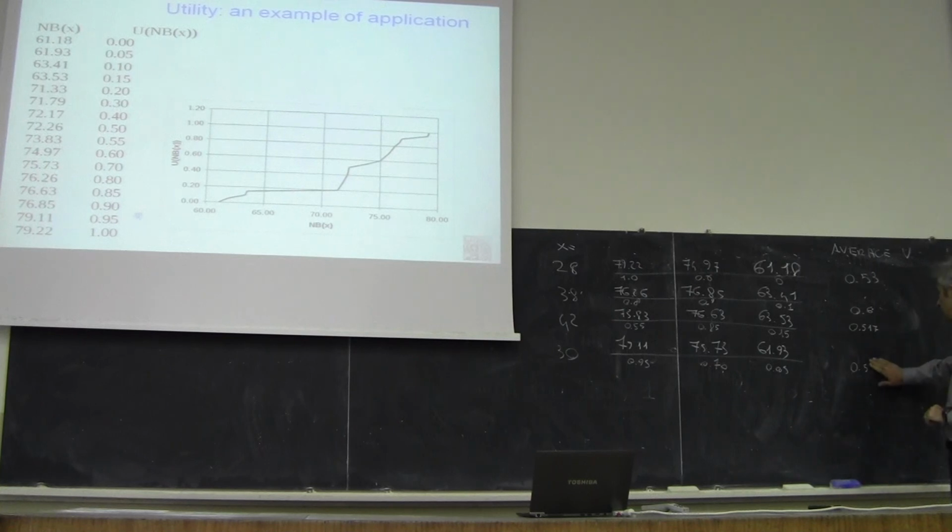This should be the resulting average utilities. I just computed from memory, but I think I was not wrong. So the maximum U is this one.